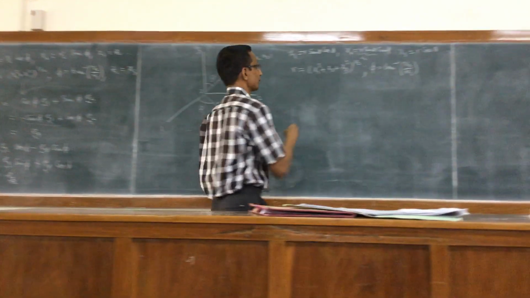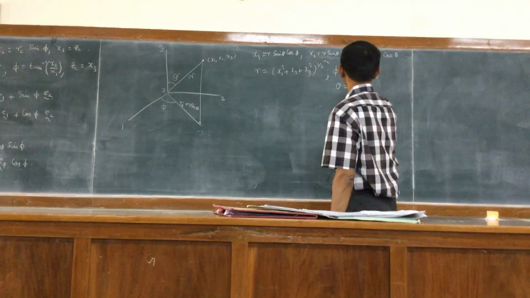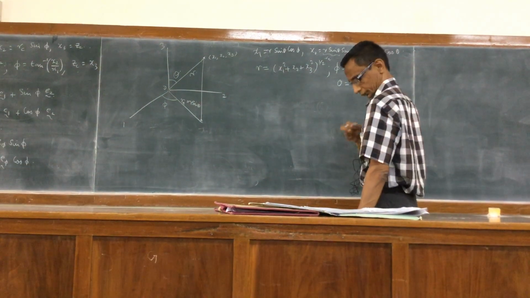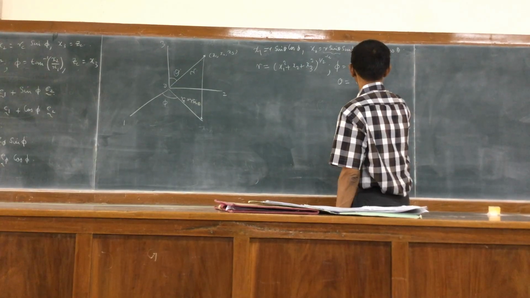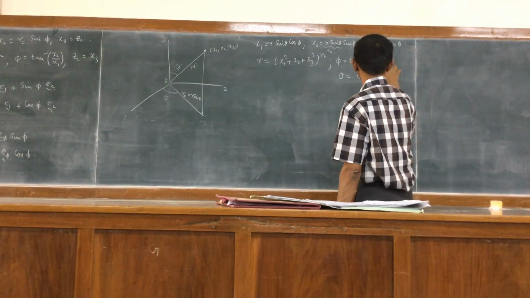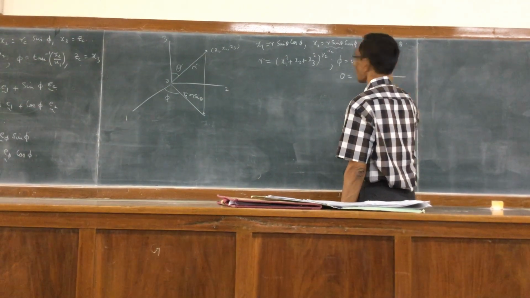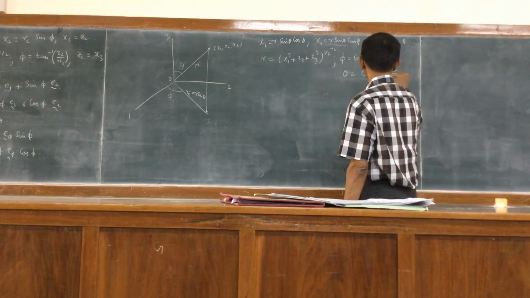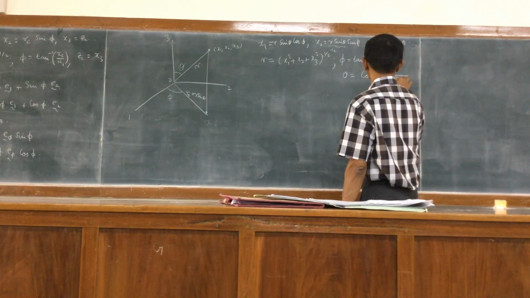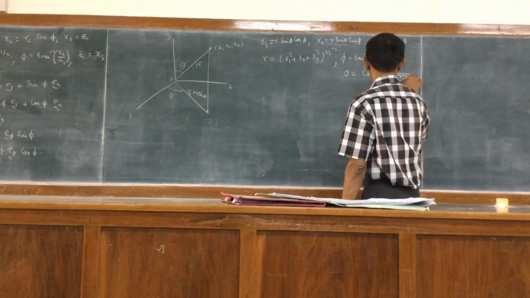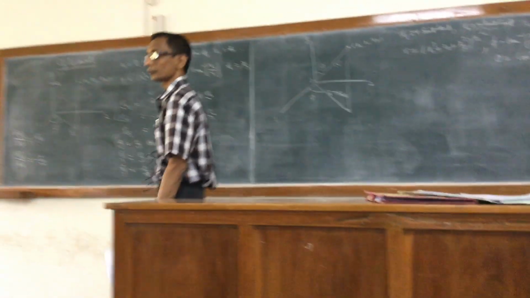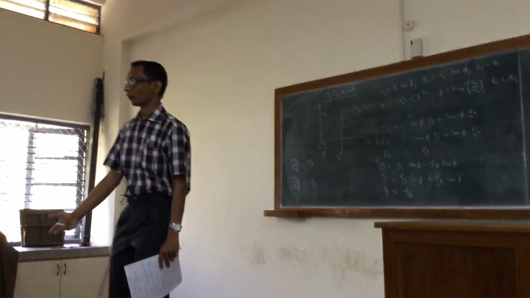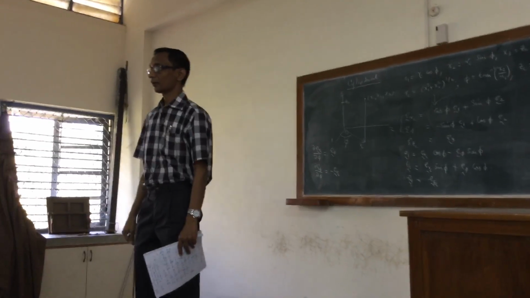And what about theta? Theta can be written in many ways, but I can certainly write this as cosine inverse of x3 by r, which is x3 over the square root of x1 squared plus x2 squared plus x3 squared. So that is one way of writing the inverse relations.